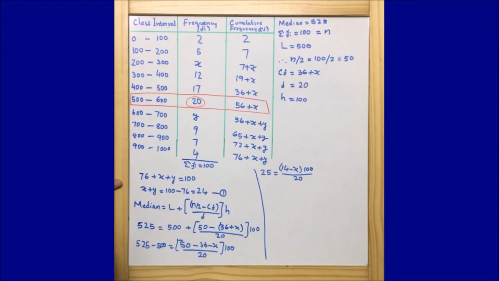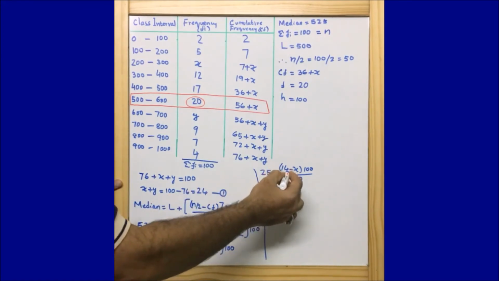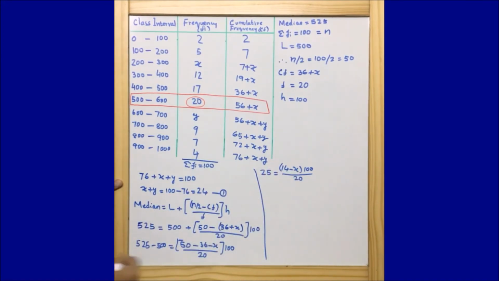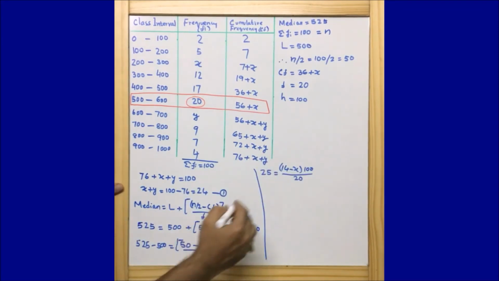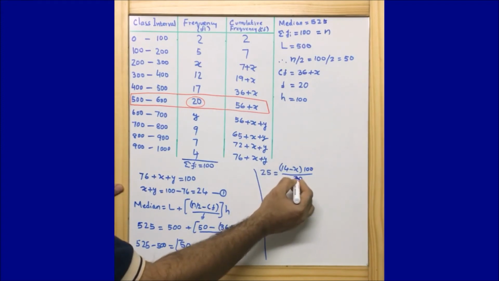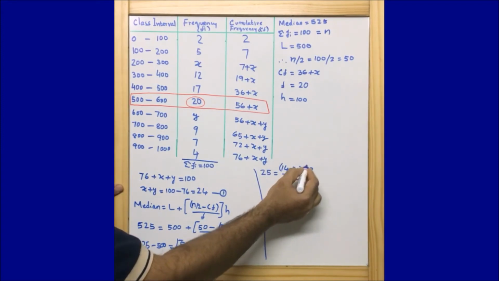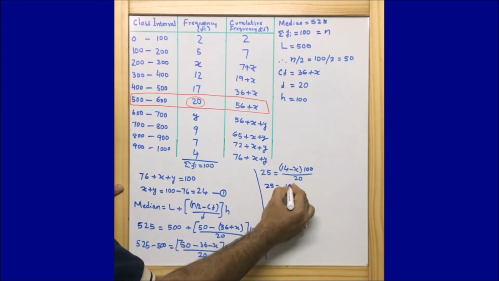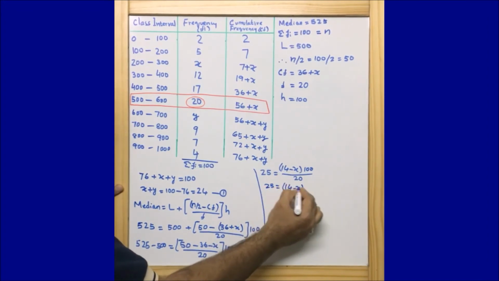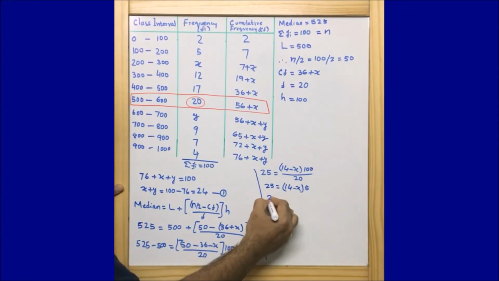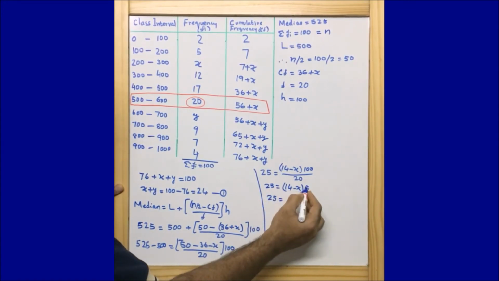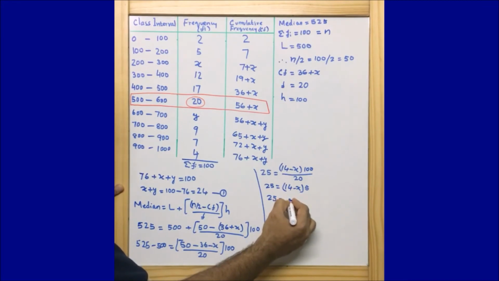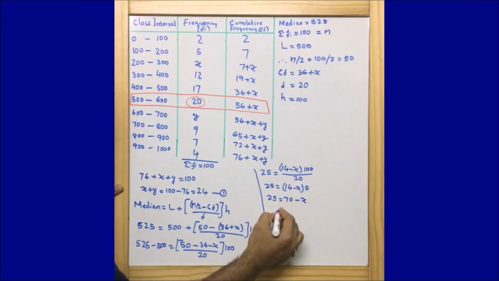Or I can write 14 minus x into 100 by 20. Because this 20 and 100 will cancel out, I can write 25 is equal to 14 minus x into 5. Or I can write 25 is equal to 70 minus x.